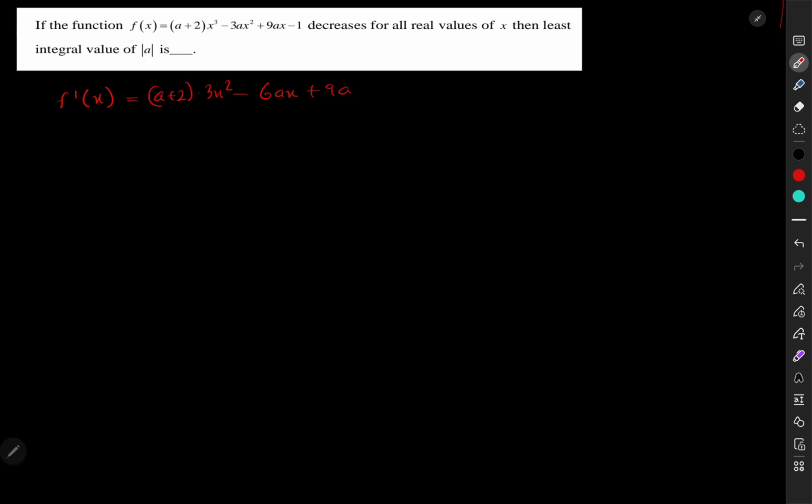plus 9a. Okay, so decreases means this should be less than or equal to 0 for all x belongs to R. So I can cancel 3 here, so I will get (a plus 2) into x square minus 2ax plus 3a less than or equal to 0 for all x belongs to R. So a quadratic which is less than or equal to 0 for all x belongs to R, then the graph can be like this or like this.